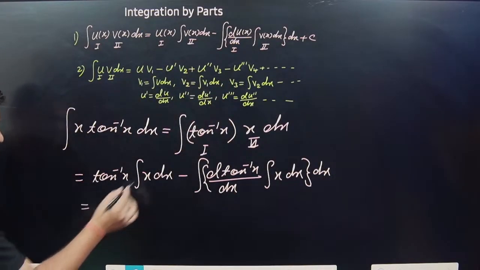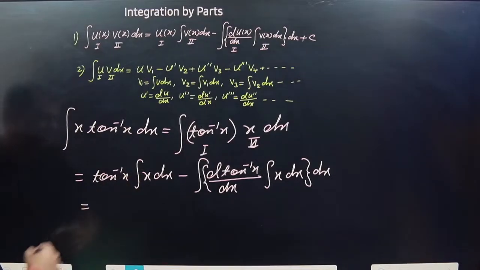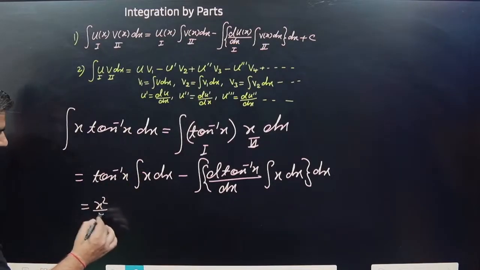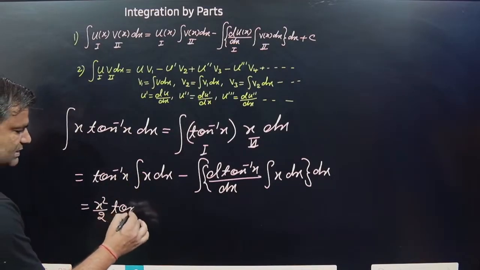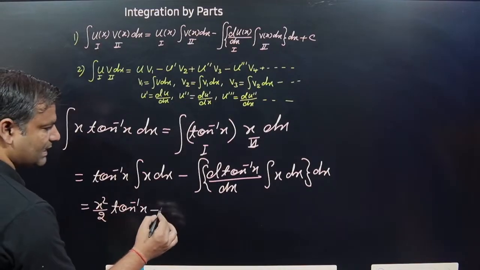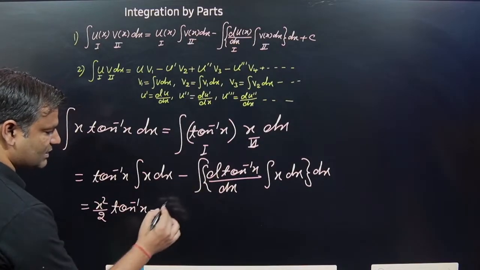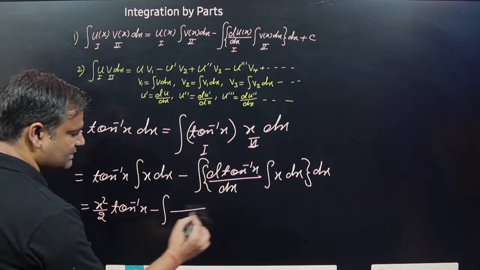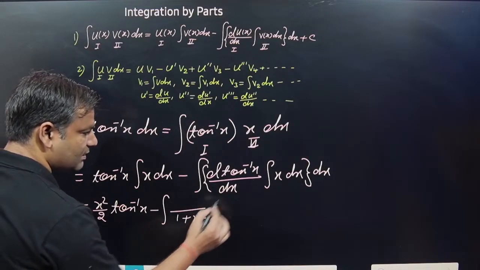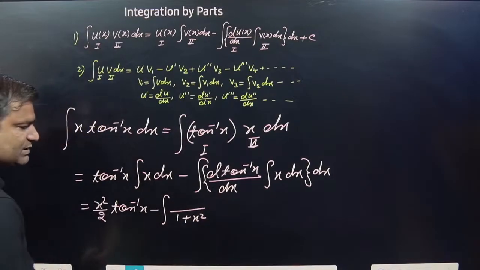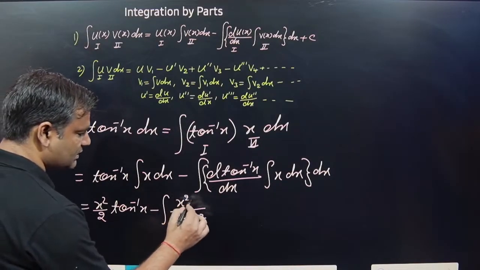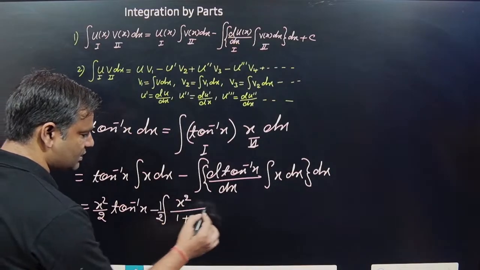Now what about that value? The integration of x is x square by 2. So x square by 2 into tan inverse x minus, tan inverse x differentiated is 1 upon 1 plus x square, and the integration of x is x square by 2, into dx.